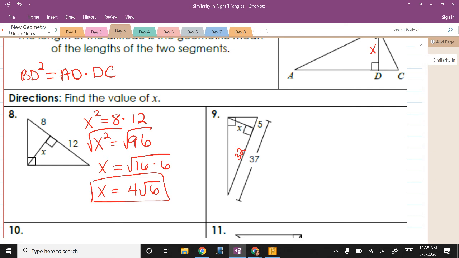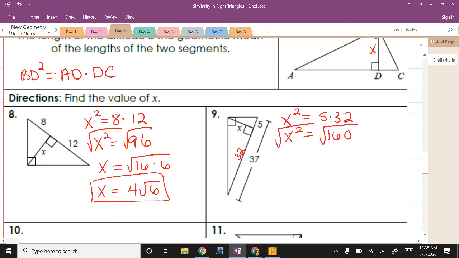So it's going to set it up altitude squared. So x squared equals what? Yep. 5 times 32. What is 32 times 5? X squared equals 160. And then how do I get just x? Square root both sides. Good.